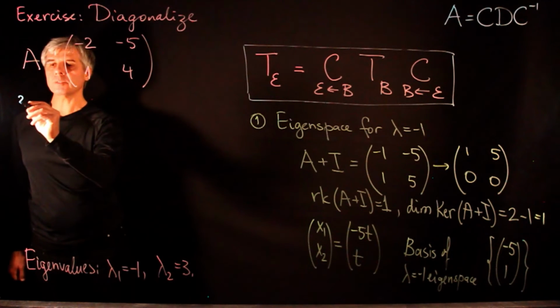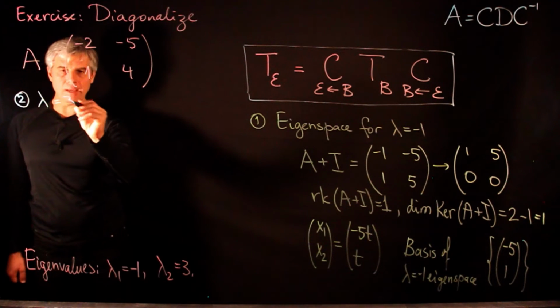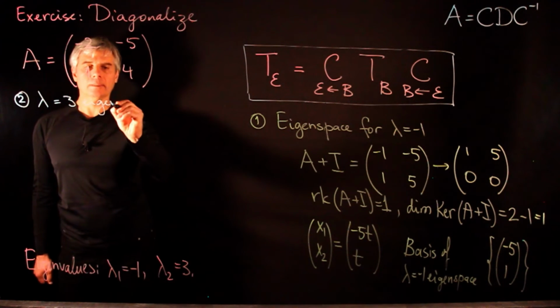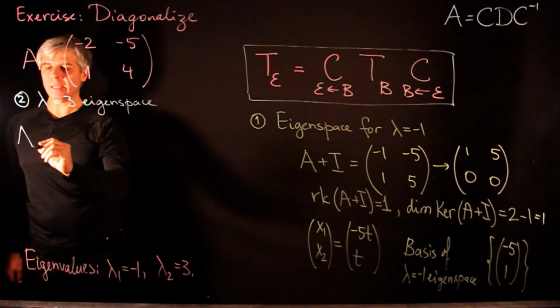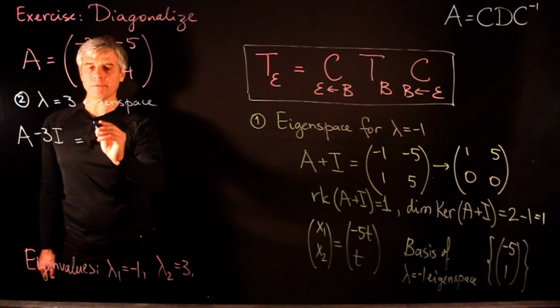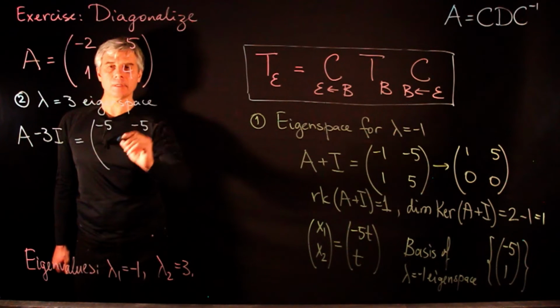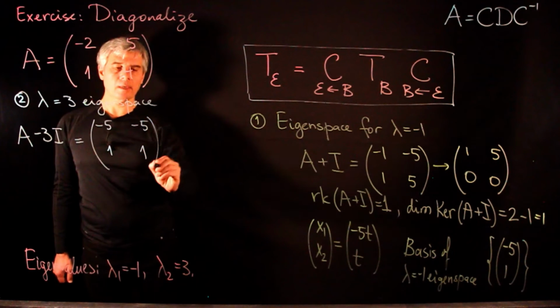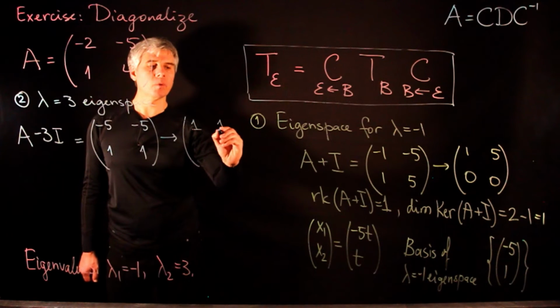Now we repeat this procedure for lambda equals 3 eigenspace. So here we take the matrix A minus 3I. So we subtract 3 from the diagonal. So we get minus 5, 1, 1. And again, the reduced row echelon form will have a 0 row.